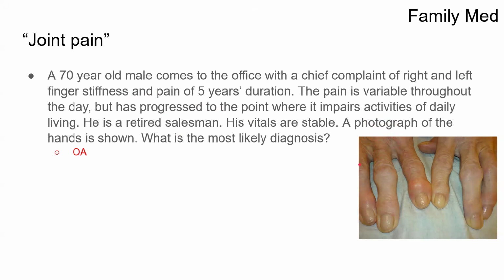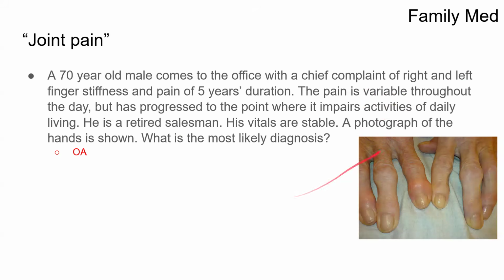So you can still have PIP joint involvement, but you'll also have the metacarpophalangeal joints and the wrists involved in rheumatoid arthritis. You can also have it in the ankles, which you won't necessarily have in osteoarthritis.